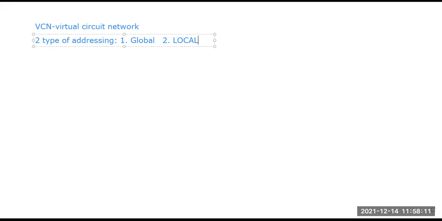When two switches are sending data to each other, in that scenario the VCI is used. And when it changes from one network system to another, it will be addressed by the global addressing. So two concepts: one is global addressing and the second one is the local or VCI, the virtual circuit identifier.